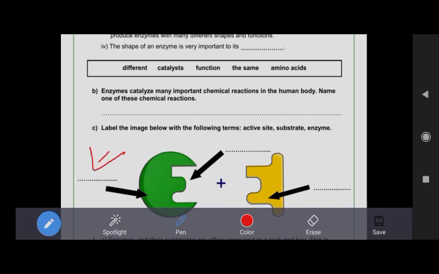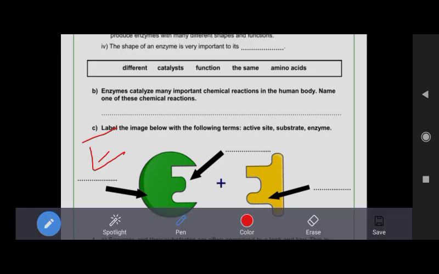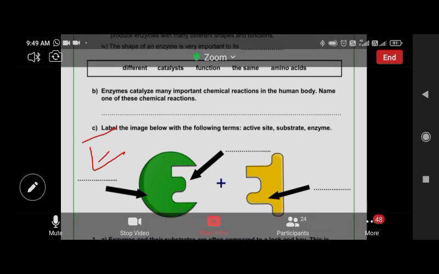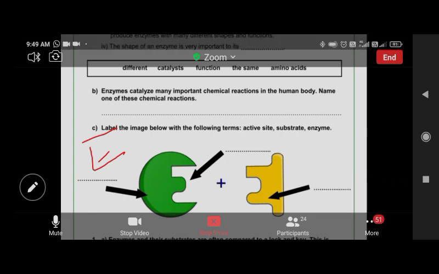This is the enzyme. The second one is the active site. Very good. And the last one is the substrate. Very good. Correct.